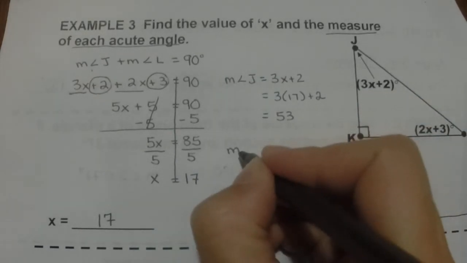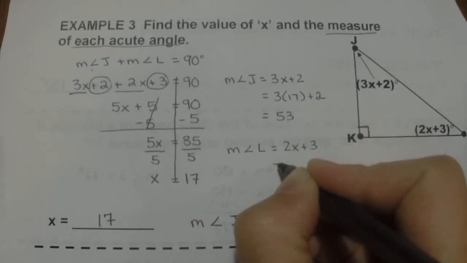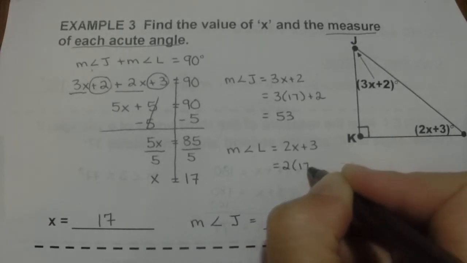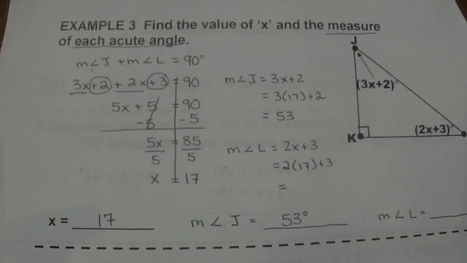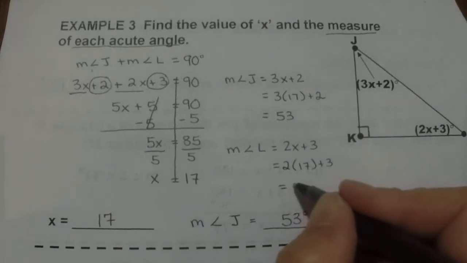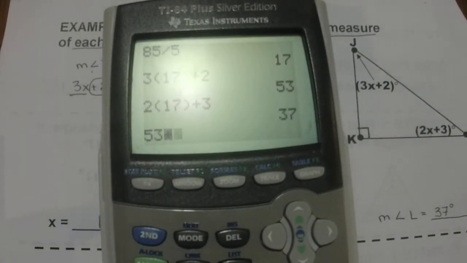And then the measure of angle L is 2x plus 3. So if I replace x there and then do the same thing in my calculator, so 2 parentheses 17 plus 3, I get 37. So where I said the measure of angle L, you would put 37 degrees. And again, double check, 53 plus 37 should be 90. And it does equal 90.